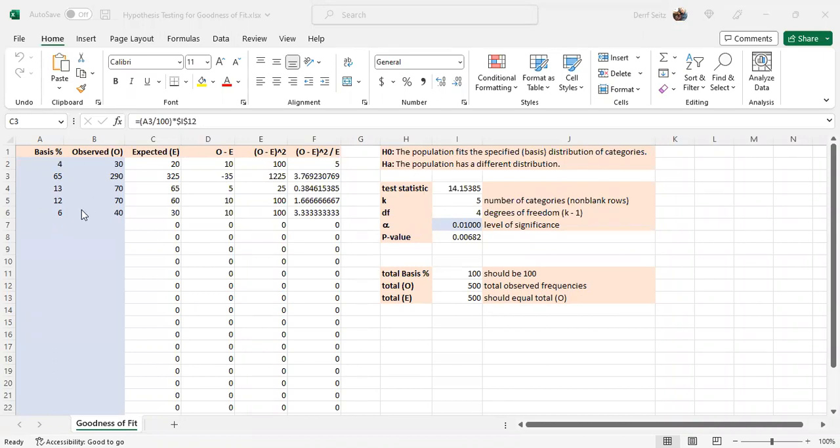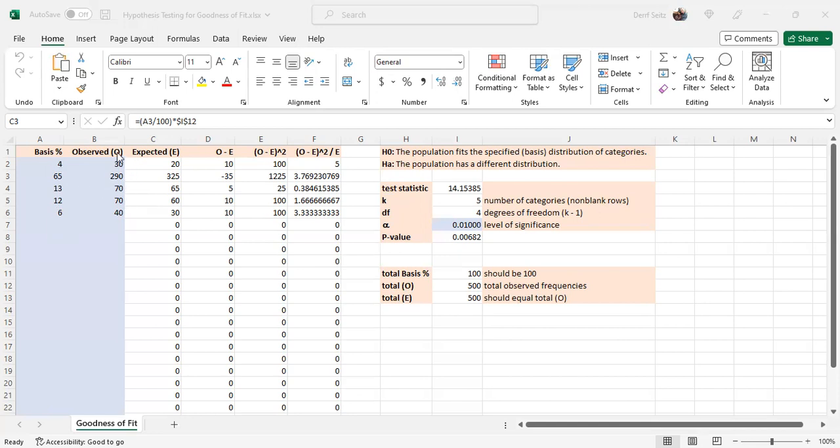So in this example, there are 5 categories with 4%, 65% in this category, 13% in the third one. That's the basis. And then you want to determine if a given distribution that you're looking at now follows this basis, whether it's a good fit for it.